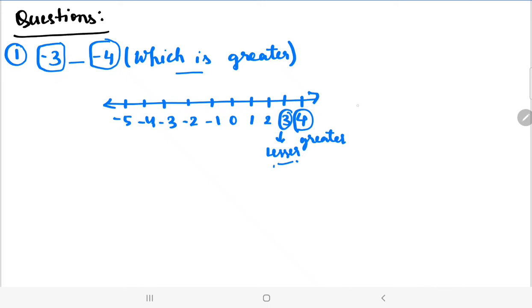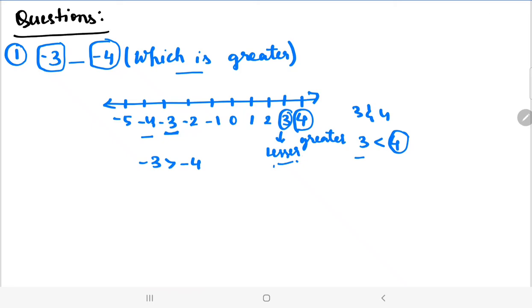So when we take 3 and 4, 3 is less than 4, which means 4 is greater than 3. But when we take minus 4 and minus 3, on the right hand side we have minus 3. First we will have minus 4, then we will have minus 3. The one on the right hand side is greater, so minus 3 is greater than minus 4.